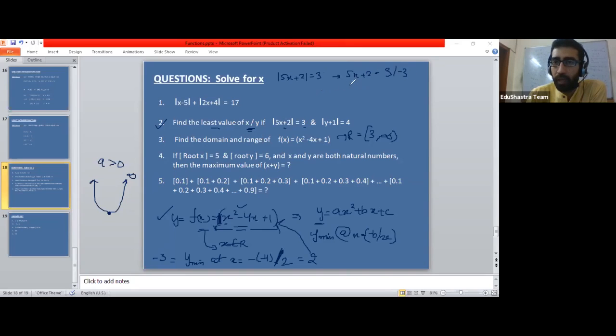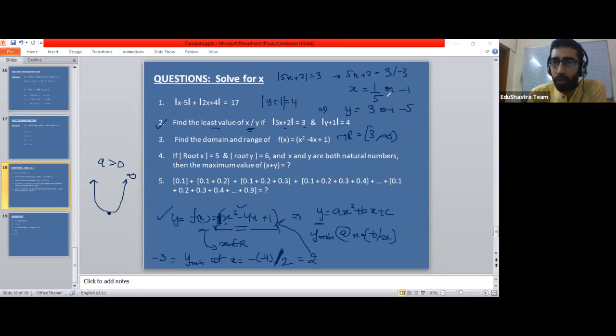Which gives me two values of x. One of the values is 1 by 5. The other value is minus 1. Similarly, mod of y plus 1 is equal to 4 can only mean that y is either equal to 3 or y is equal to minus 5.